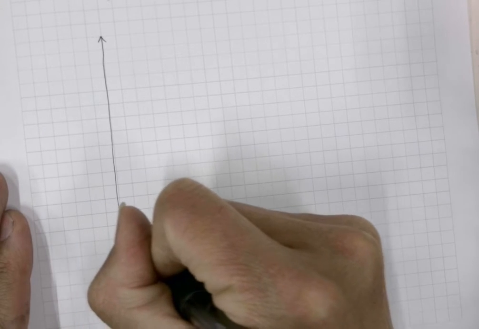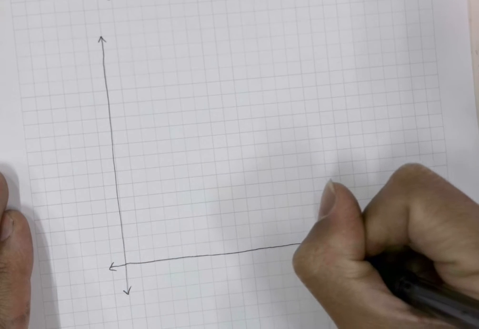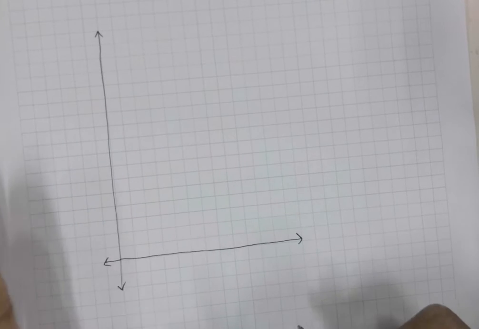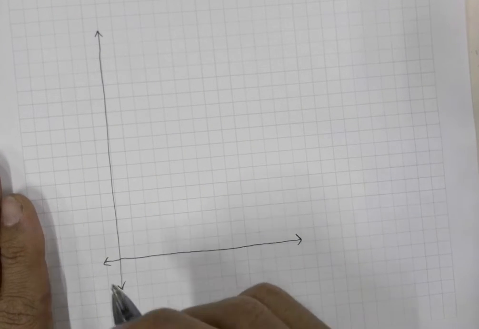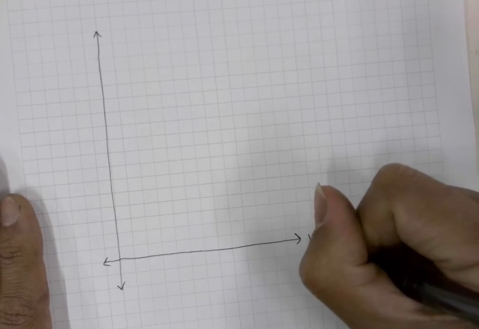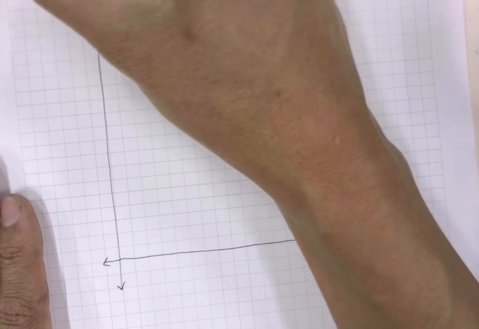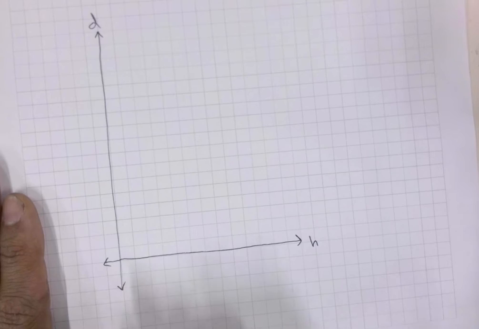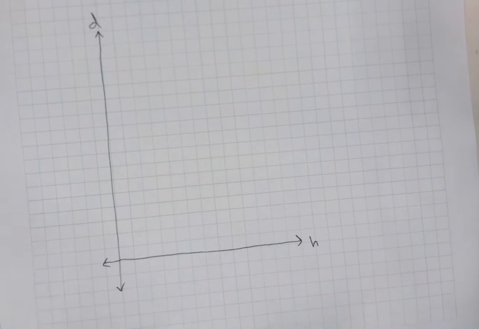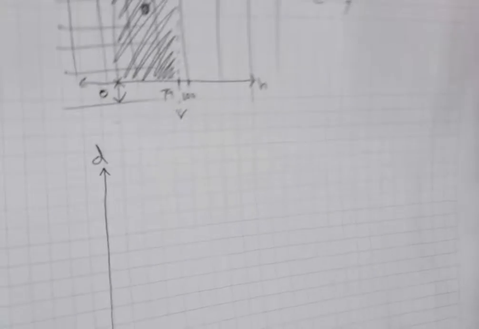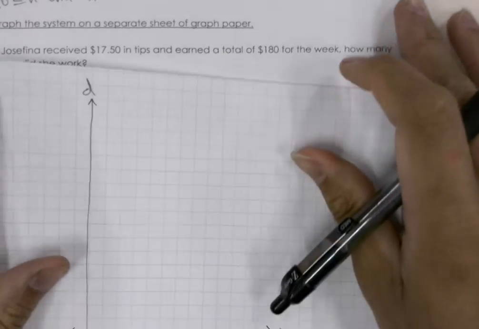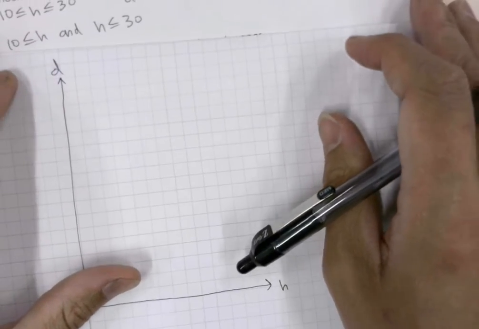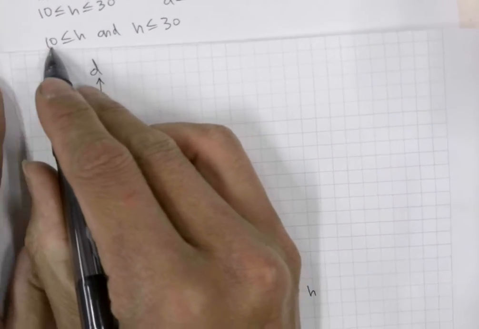where again we shouldn't have negative hours, or a negative amount of money. So our x-axis is going to be our H, and our y-axis is going to be our D, the amount of money. So how can we graph this? Well, let's go and graph the first inequality.